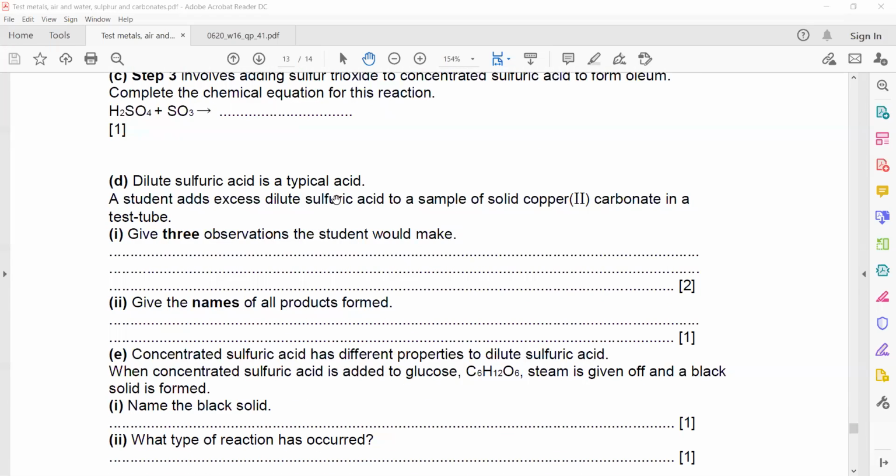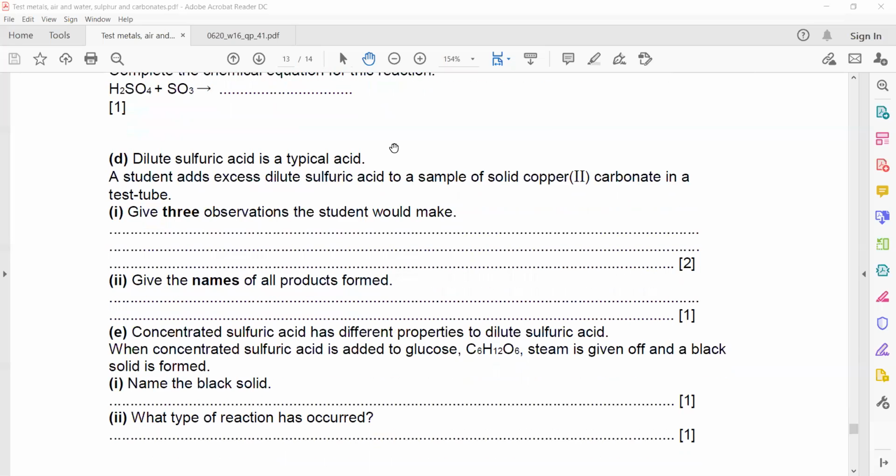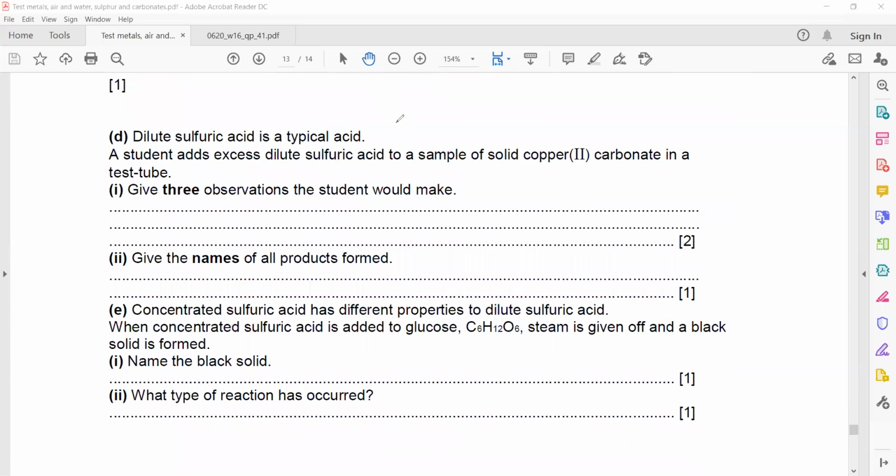Dilute sulfuric acid is a typical acid. A student adds excess dilute sulfuric acid to copper(II) carbonate. What is the result? The reaction of H2SO4 with copper carbonate results in the formation of copper sulfate, carbon dioxide, and water.